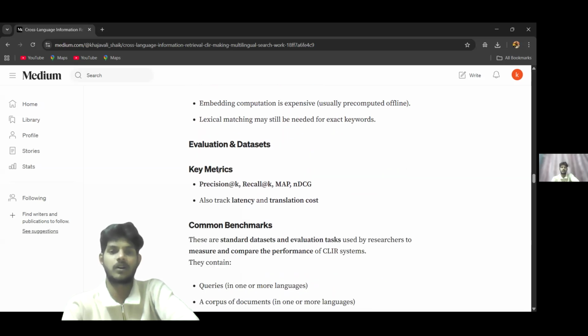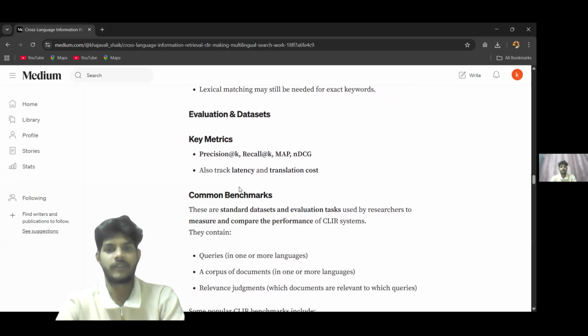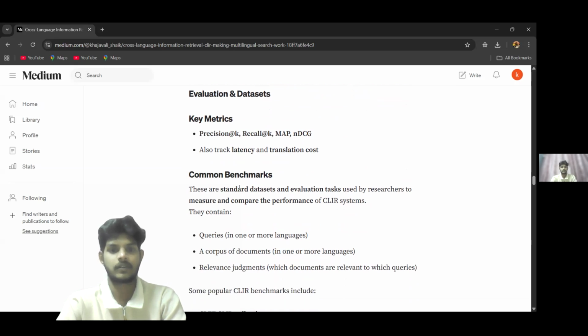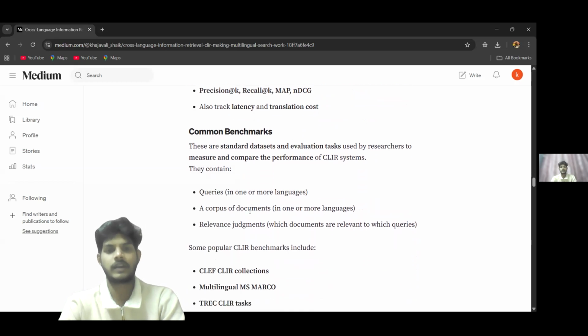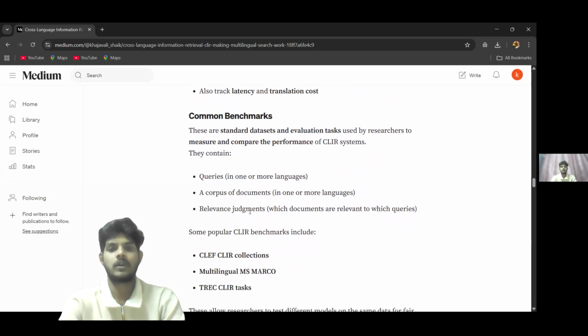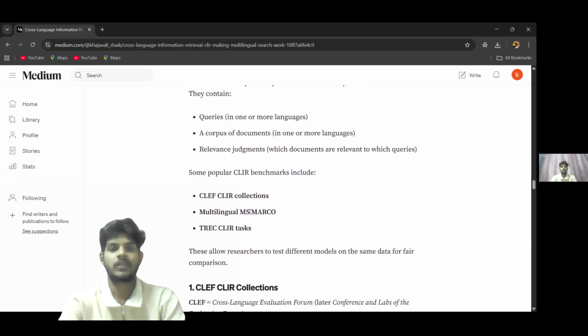Evaluation and datasets. Key metrics are precision at K, recall at K, MAP, NDCG. Also track latency and translation cost. A dataset contains queries in one or more languages, a corpus of documents in one or more languages, and relevance judgments.